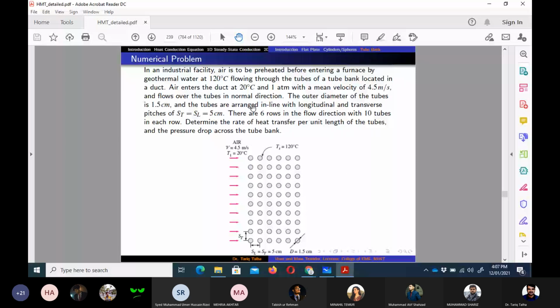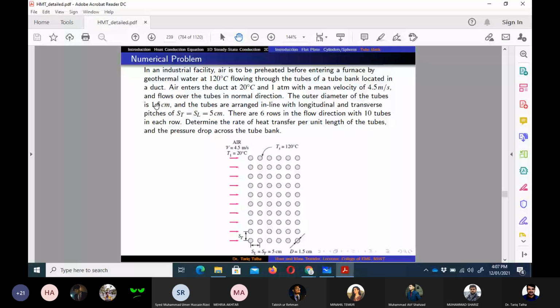The tubes are located in a duct. The air enters the duct at 20 degrees centigrade and atmospheric pressure with a mean velocity of 4.5 meter per second. So U infinity, or V, is 4.5 meter per second, and it flows over the tubes in the normal direction.